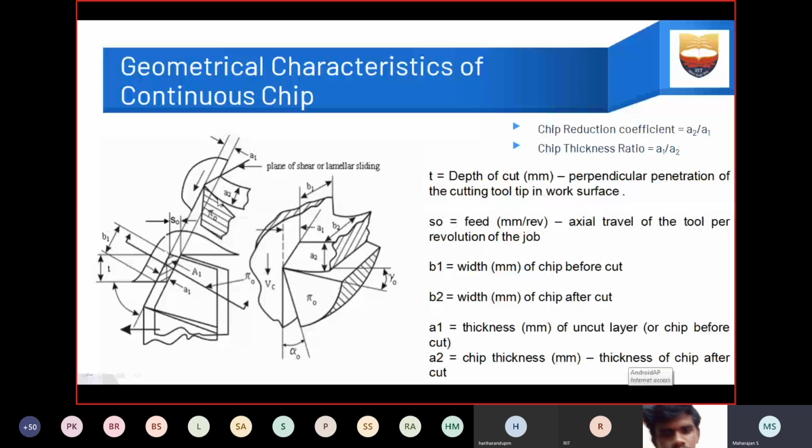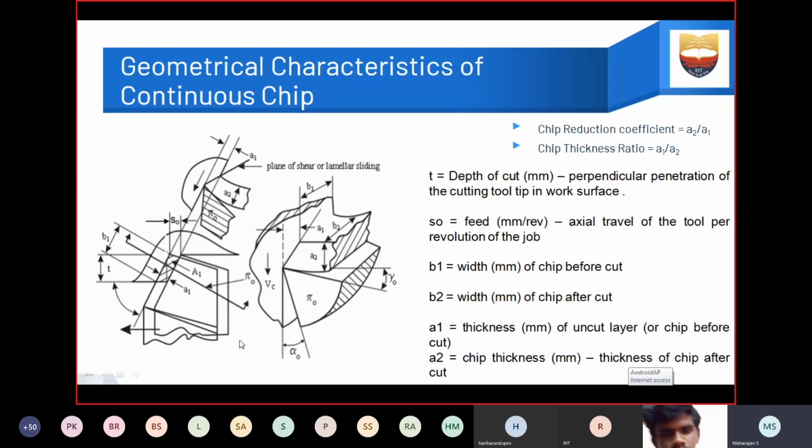This is the clearance angle we can see. This is the rake angle, from this line to this rake face. This is the shear plane. We can see the shear angle, the angle between the line drawn parallel to the cutting velocity and the line drawn in the shear plane. So this is the shear angle.